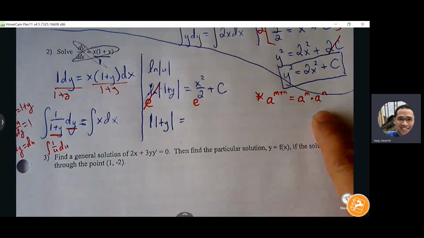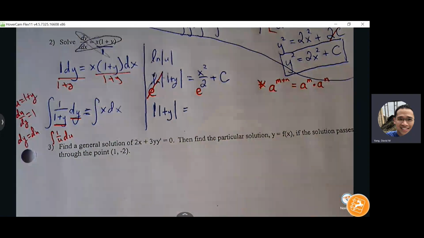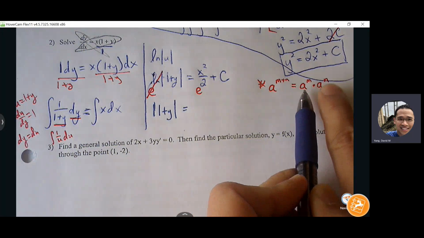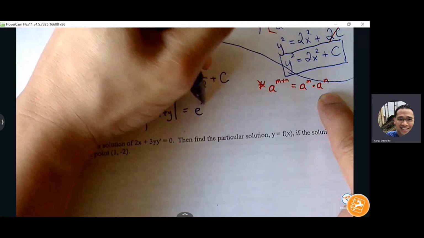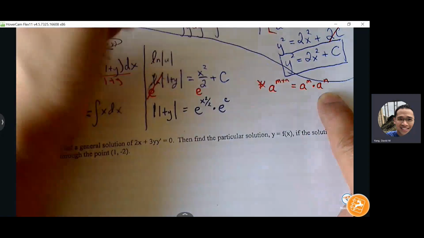There's something that we can do to clean it up using this method. So I'm going to treat the x squared over 2 and the c as two separate exponents, and I'm going to split it up as the product of two separate bases. Okay. So e to the x squared over 2 times e to the c.